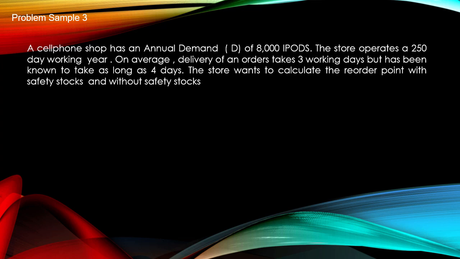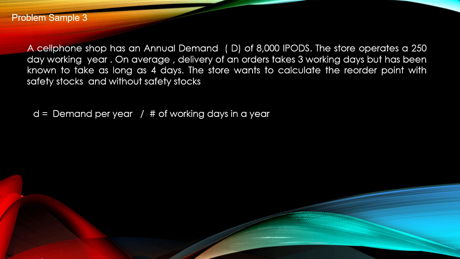So the company wants to determine whether to apply the safety stocks or not. Meaning to say, if they do not apply the safety stocks, they use 3 working days. But if they apply the safety stocks, they add 1 day as the safety stock.